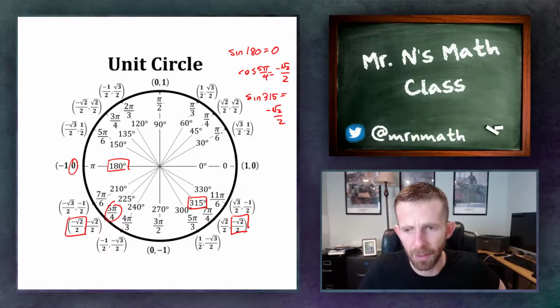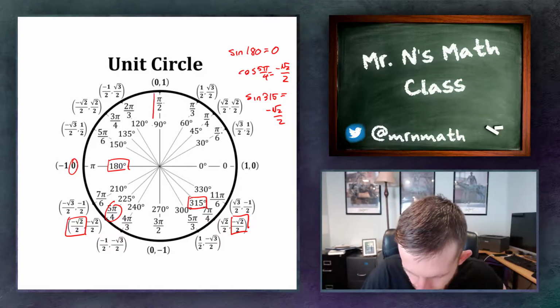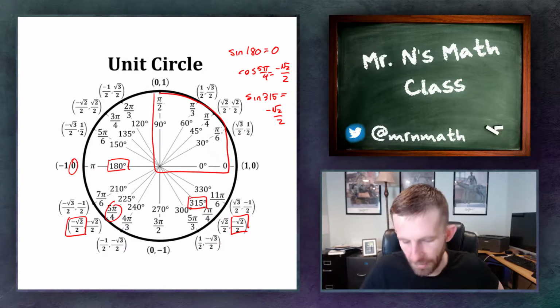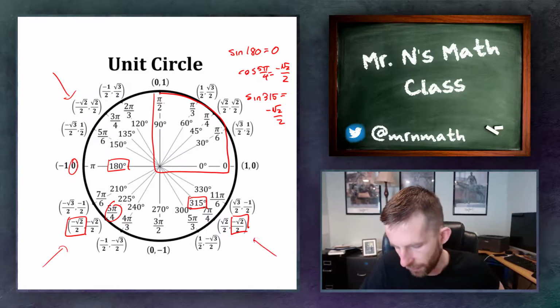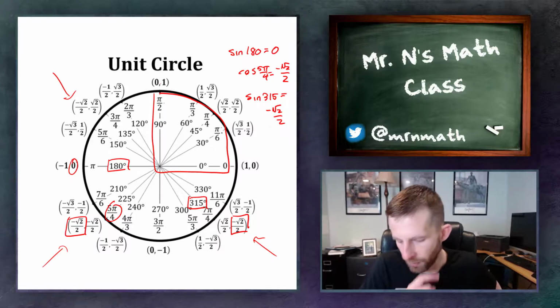The first thing this week is I want you to know the sine and cosine of all the angles in the first quadrant. Then in the second part of the week, we're going to do the second quadrant, third quadrant, fourth quadrant, and then you'll be quizzed on basic sine and cosine values on the whole unit circle.